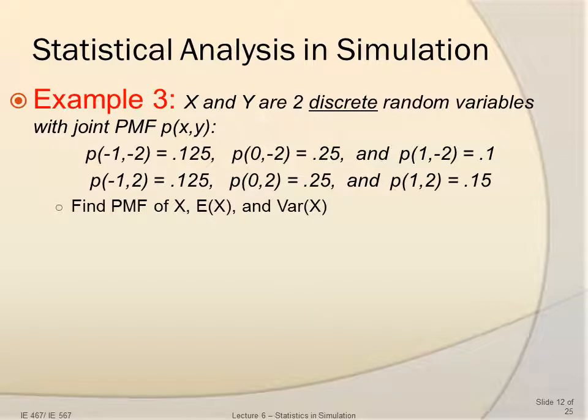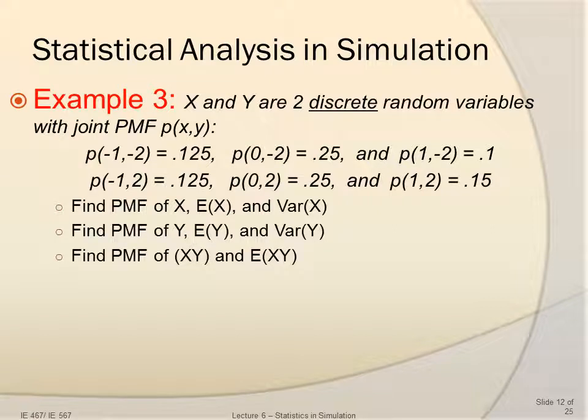We want to be able to find the probability mass functions that are individual for variables X and Y, and also their corresponding expectations and variances, and also be able to find the PMF of XY. We need the PMF of XY to be able to get the covariance.